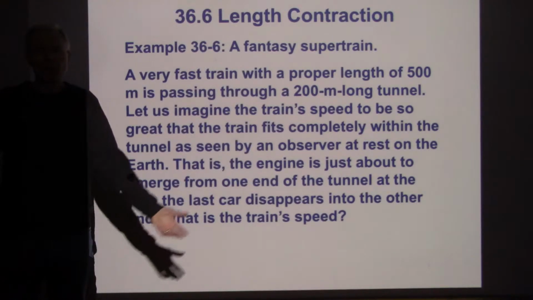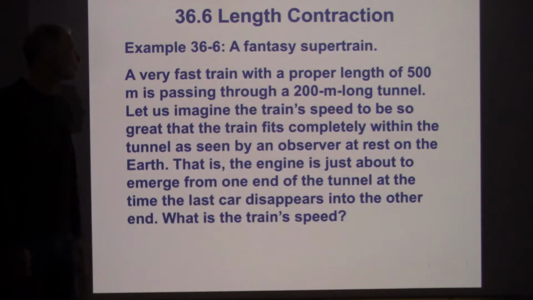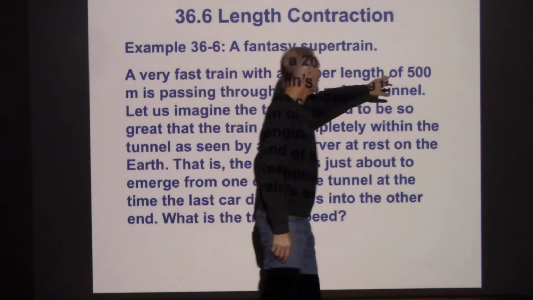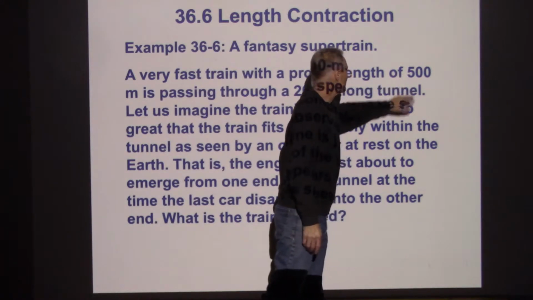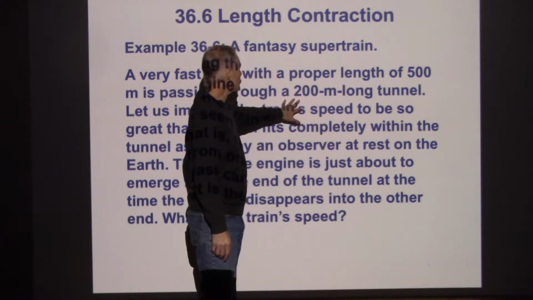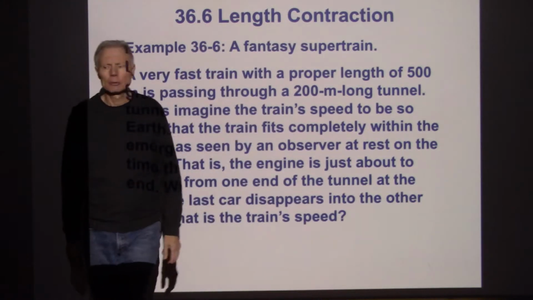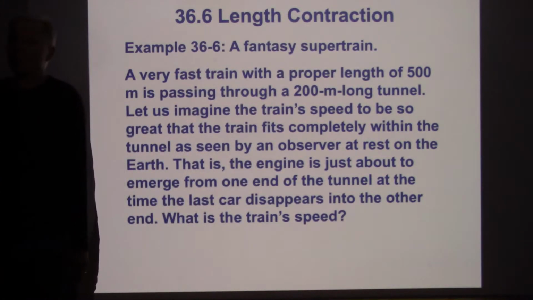And you're going, yeah, of course. There's no reason that we can't get a train which at rest is 500 meters, that length contracts to 200 meters. It's just going to have to be going really fast.